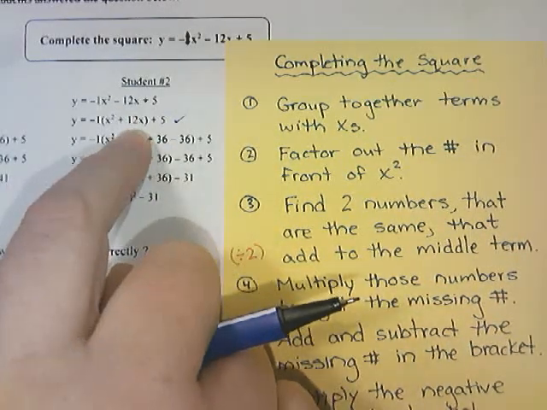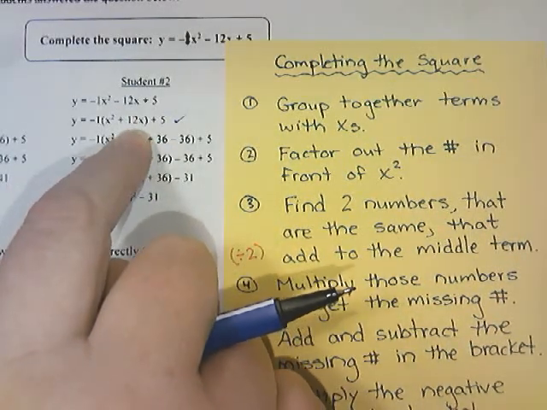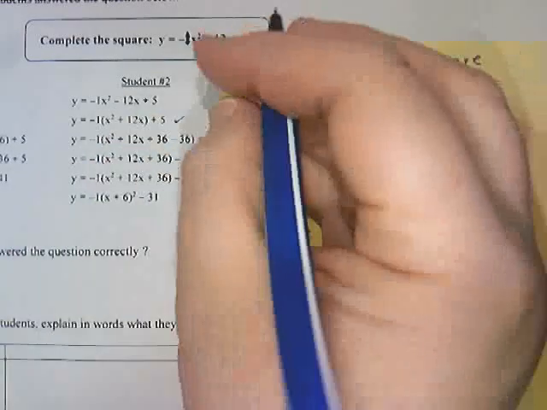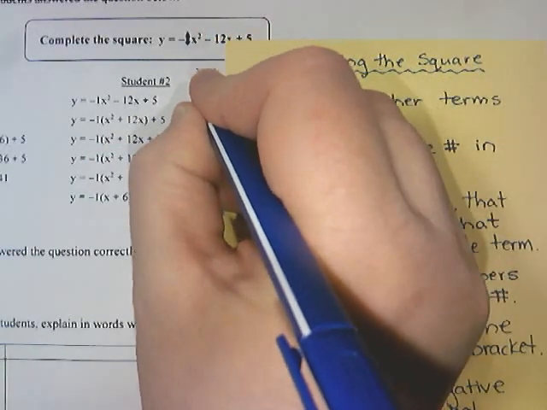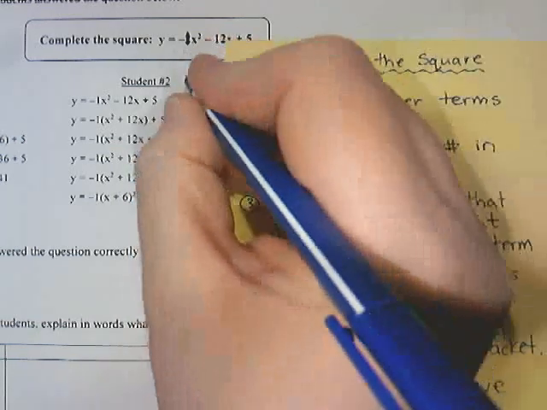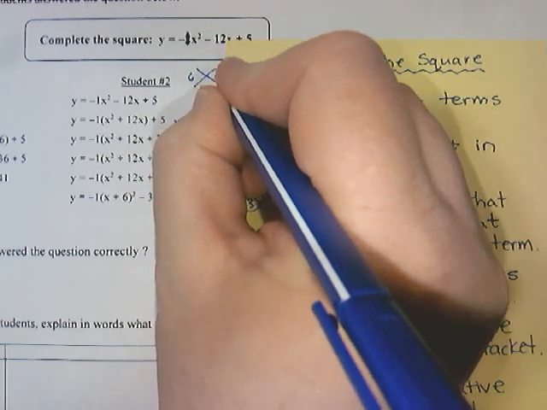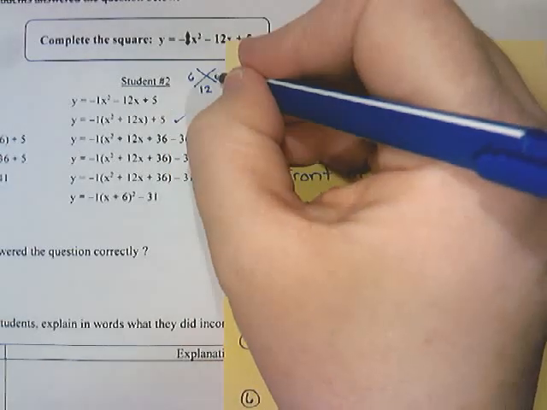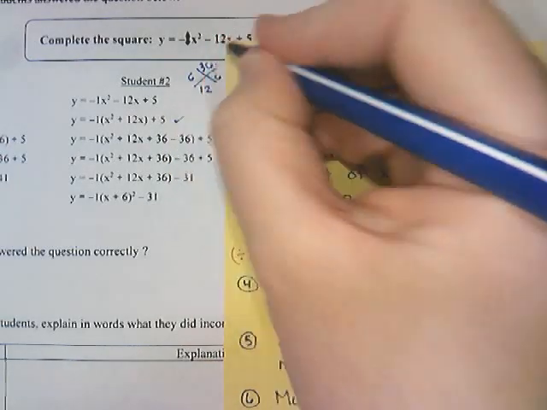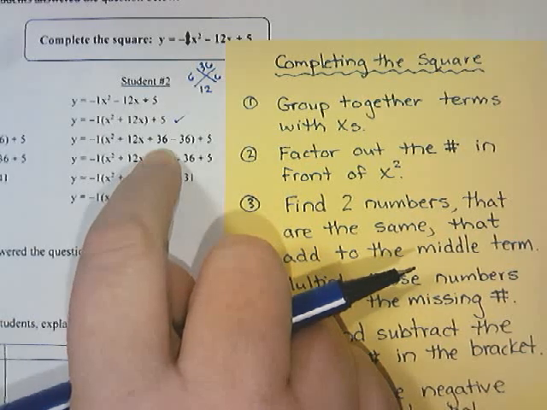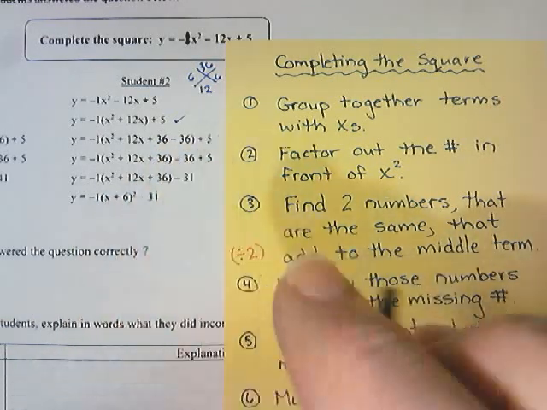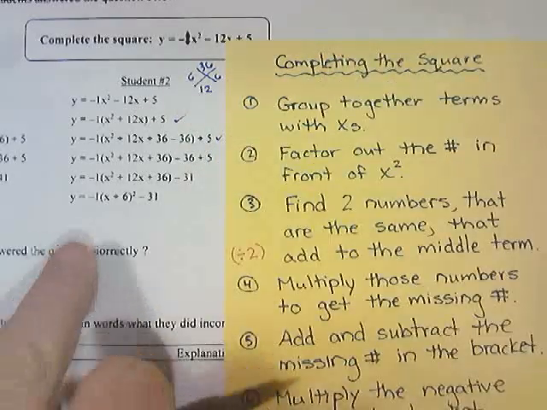So I'm assuming they went off to the side and they looked for 2 numbers that added to 12. So we're looking for 2 numbers that add to 12 that are the same. So that would be 6 and 6, right? You can divide by 2 to try to figure that out. And then 6 times 6 is 36. So I feel good about the 36. They added 36. They subtracted 36. The 5 is still in the right spot, so that's good.